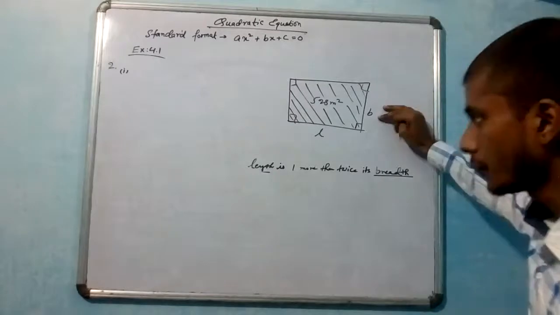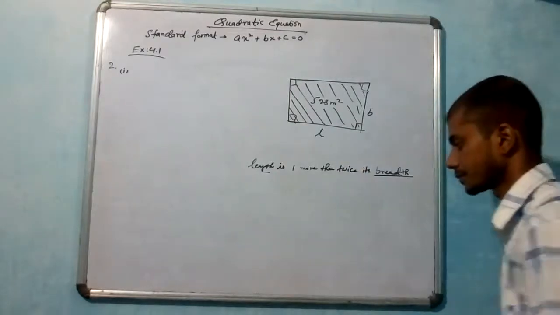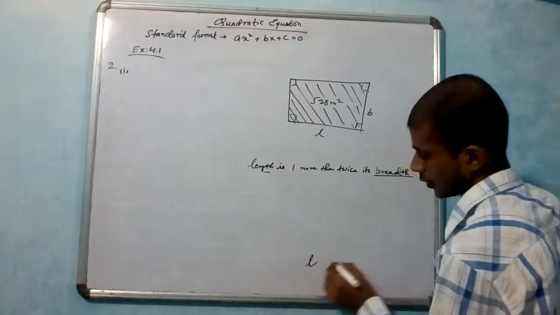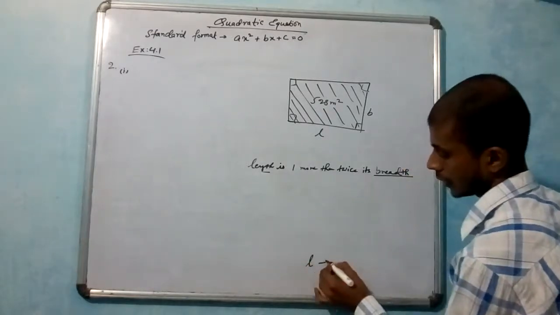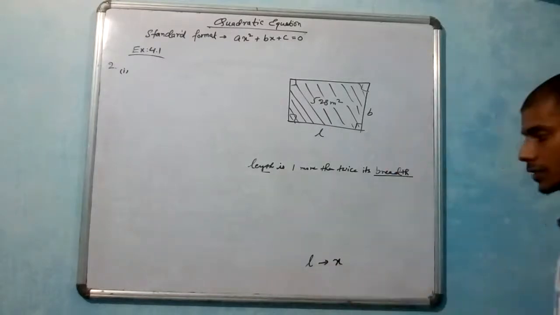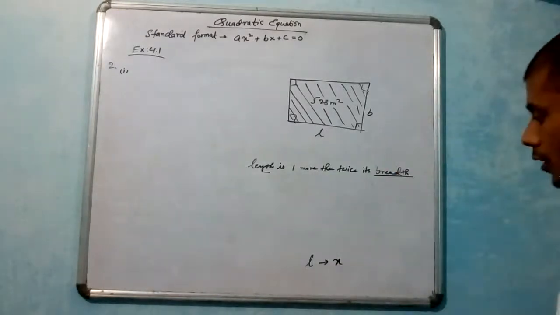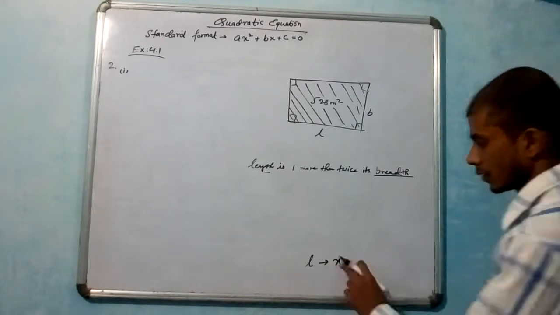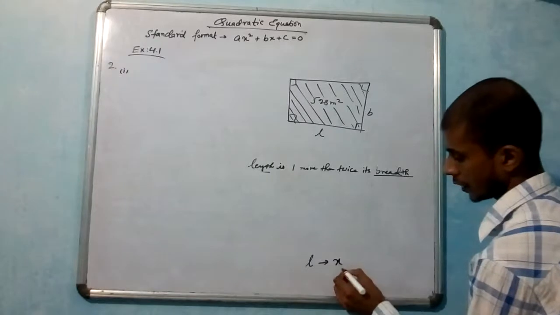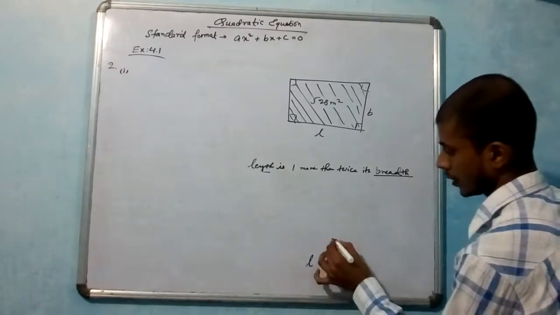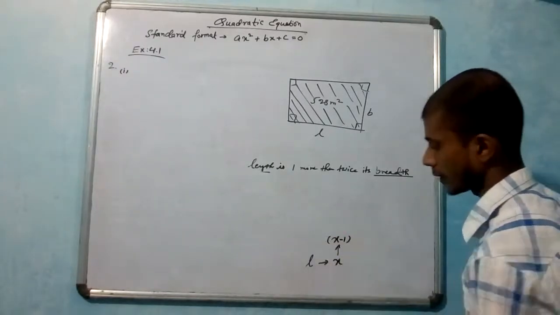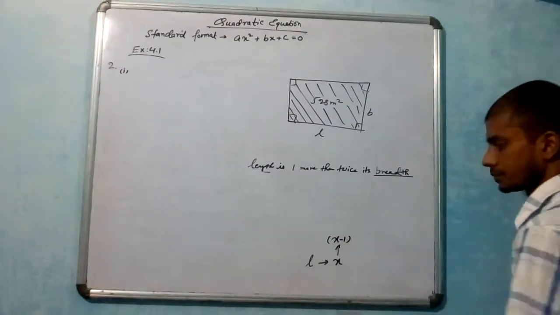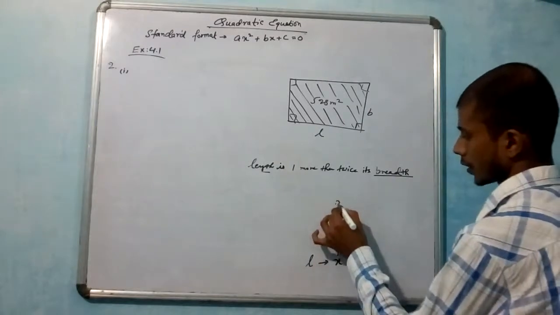If we are assuming length, suppose L, so let L be x. We have to assume first and then substitute. So if we assume length x meters, then we first have to subtract 1 meter, and after that we go to (x minus 1) by 2.